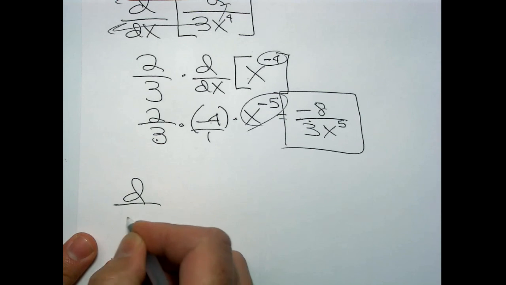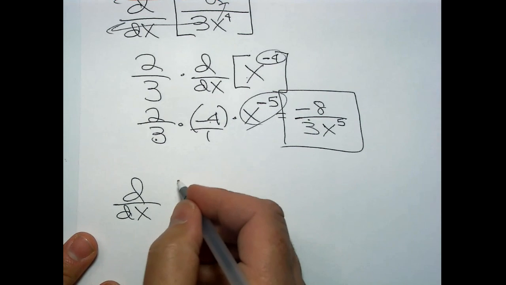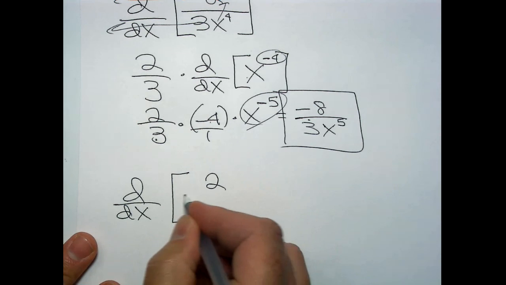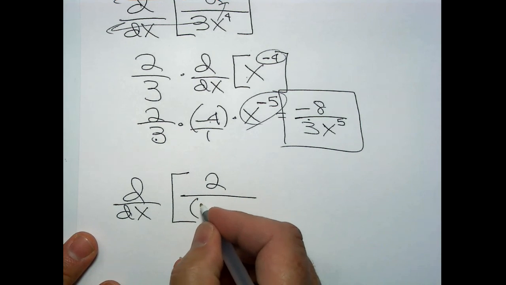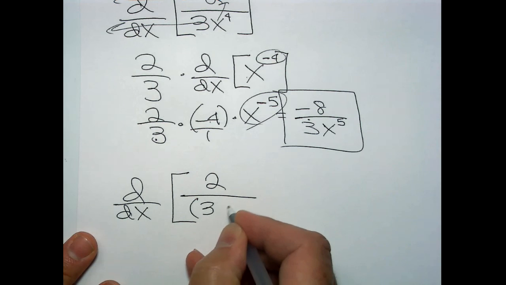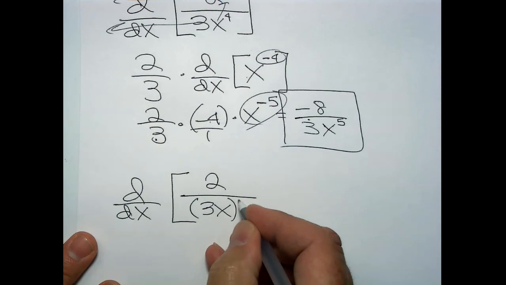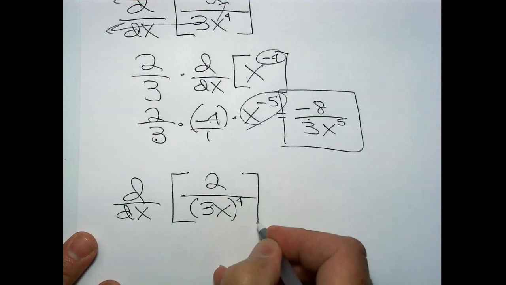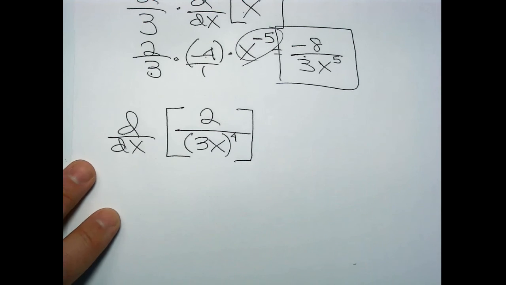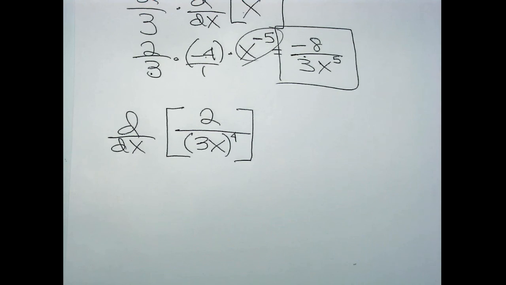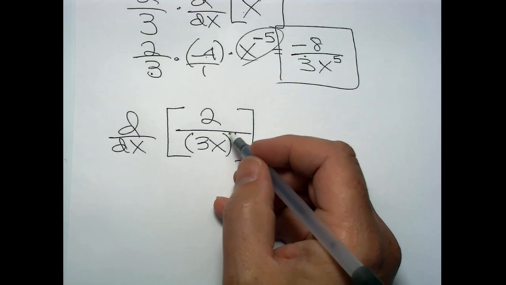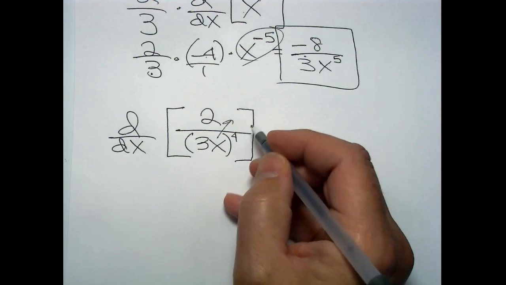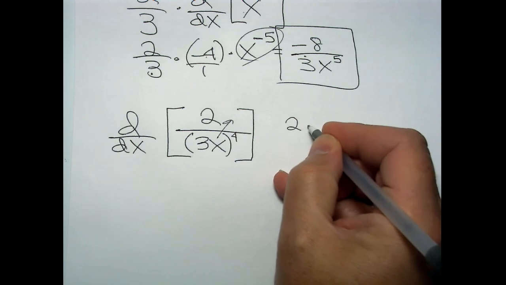One more example. What about this? Very similar problem with a very different result. Now, there's a temptation maybe to pick this up and bring it to the top and maybe look something like this.